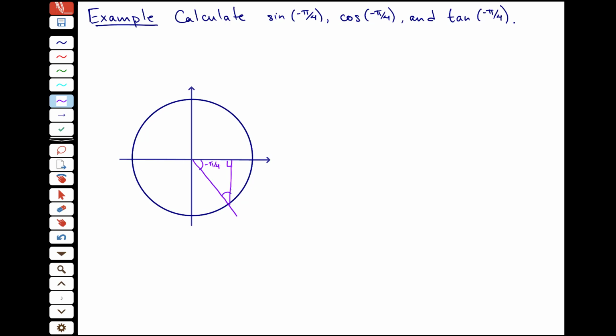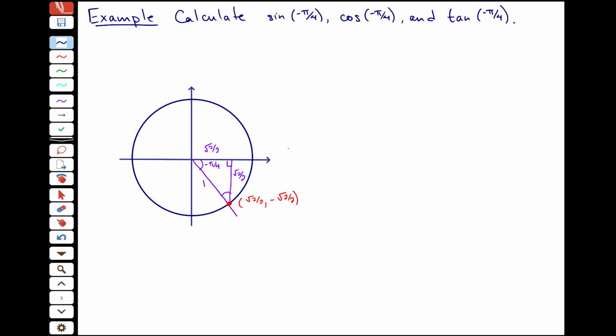And so we know that the sides of this triangle are root 2 over 2, root 2 over 2, and 1. So the coordinates of this point on the unit circle, the x-coordinate is root 2 over 2, and the y-coordinate, notice that we've gone down in the y direction, so the y-coordinate is minus root 2 over 2.